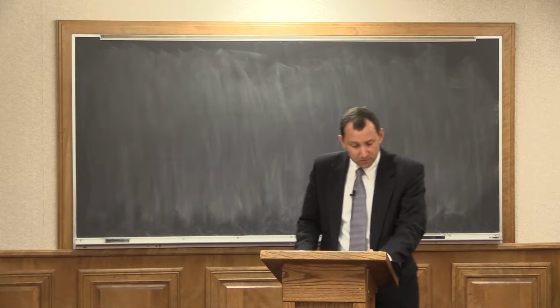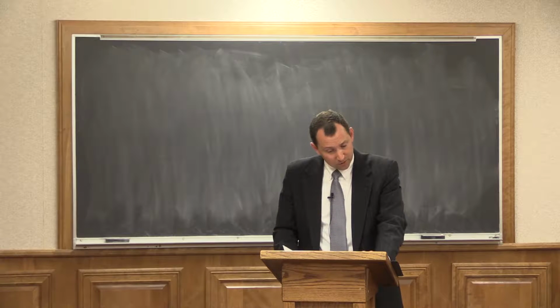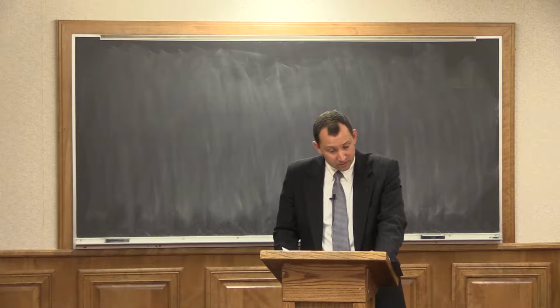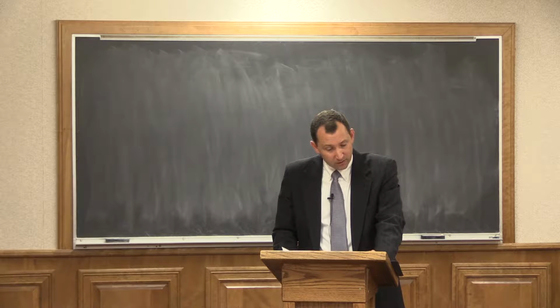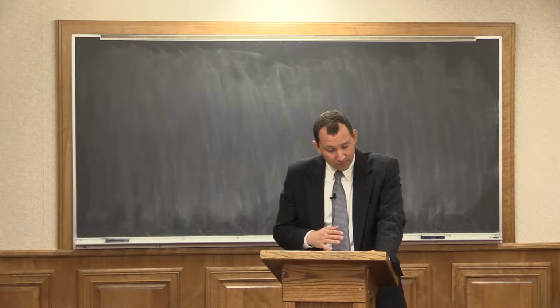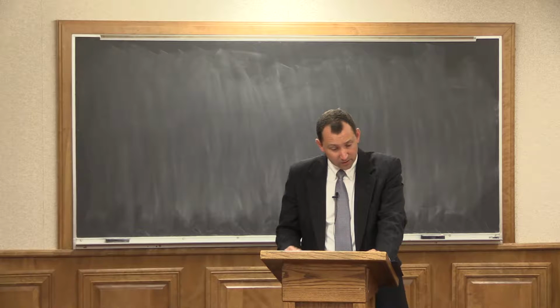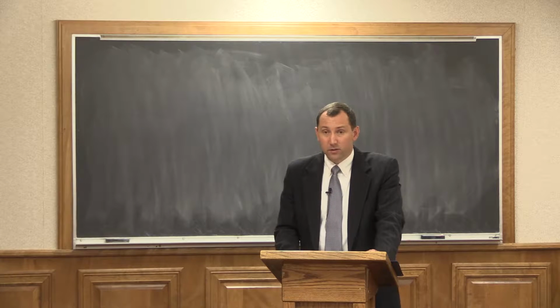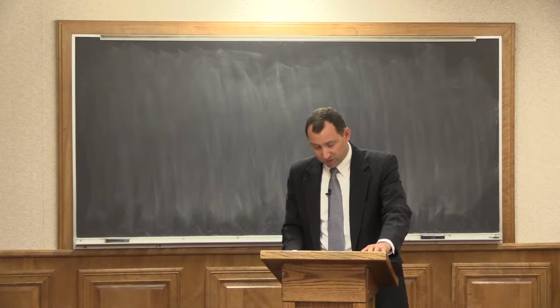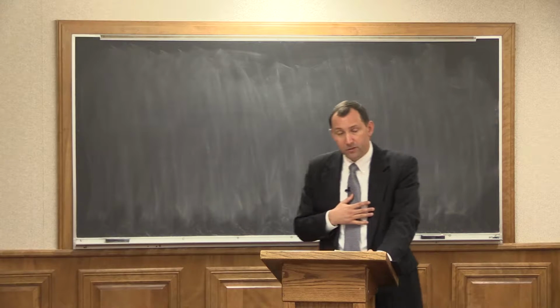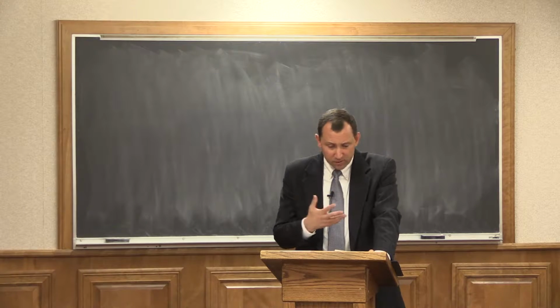So let me read for you the first part of this. The actual enumeration shall be made within 3 years after the first meeting of the Congress of the United States, and within every subsequent term of 10 years, in such manner as they shall by law direct. Okay. This enumeration sets up what we think of as the census, and mostly it's very straightforward.